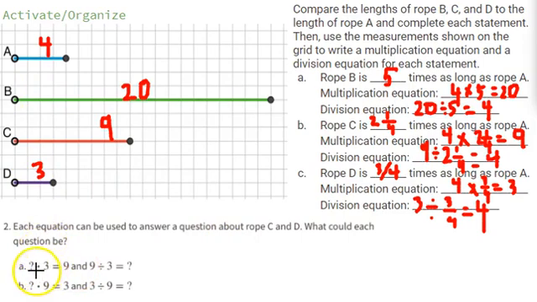Well, here it's: rope C is how many times larger than rope D? Here it's the other way around, isn't it?